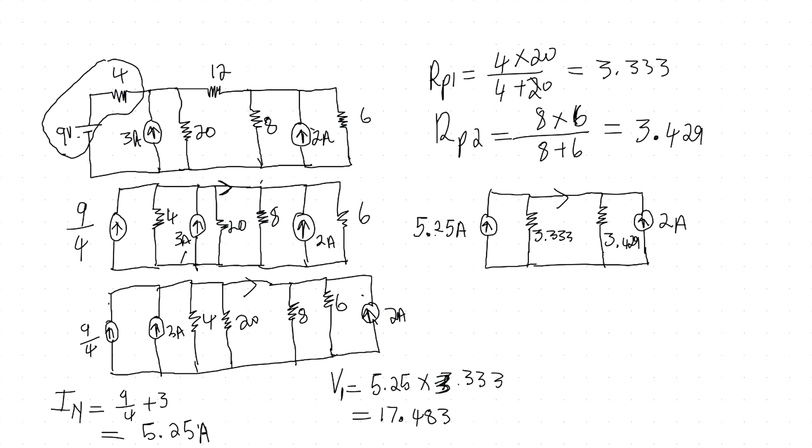Then V2 is equal to 3.429 times 2. 3.429 times 2 is what? 6.858. So I'll write it here. V2 is equal to 6.858 volts. So that will be the source transformation of V2 and V1, whereby I transform these two currents.